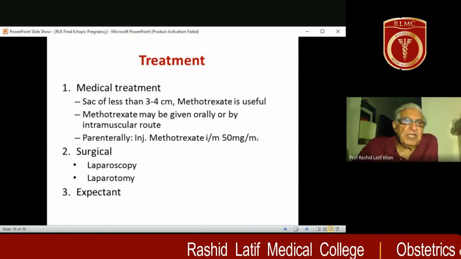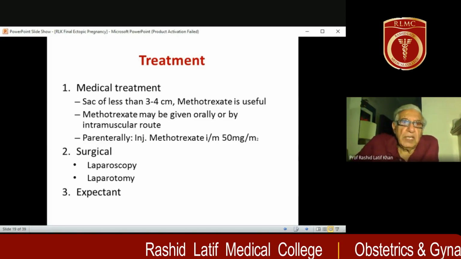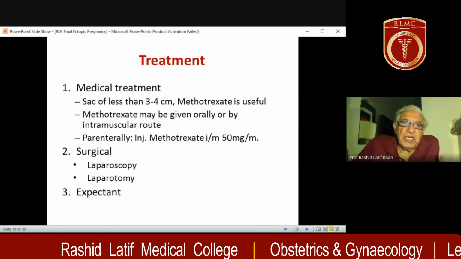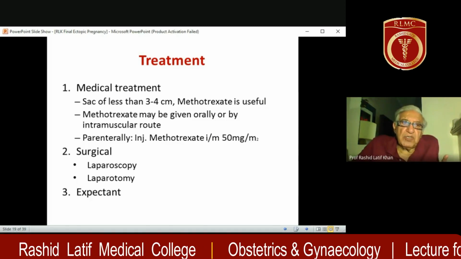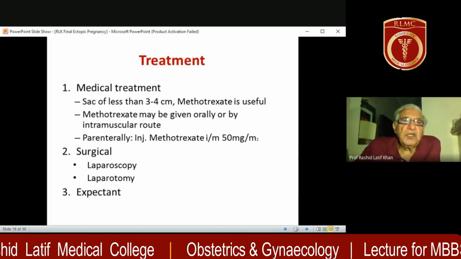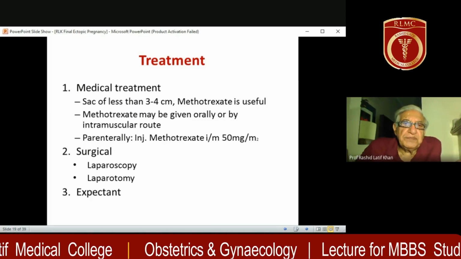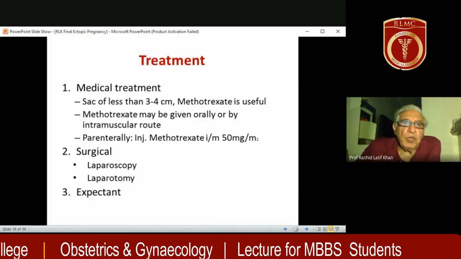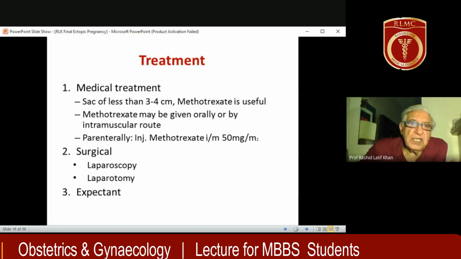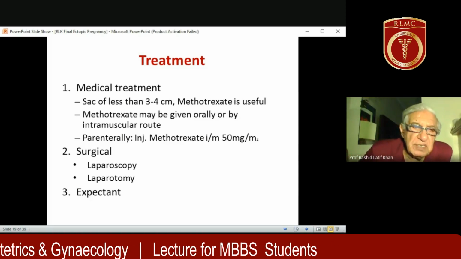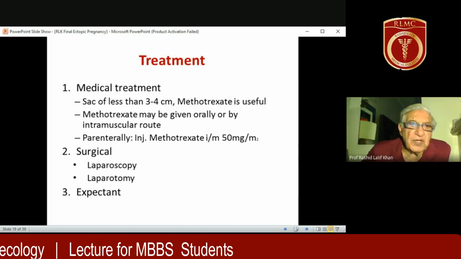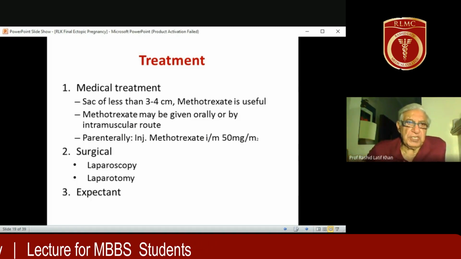If the patient reaches you early, then one injection of methotrexate of 50 milligram intramuscularly destroys that ectopic pregnancy. So no more surgery, no more expectant treatment. This is a very easy management for the correct diagnosis of ectopic pregnancy at an early stage.